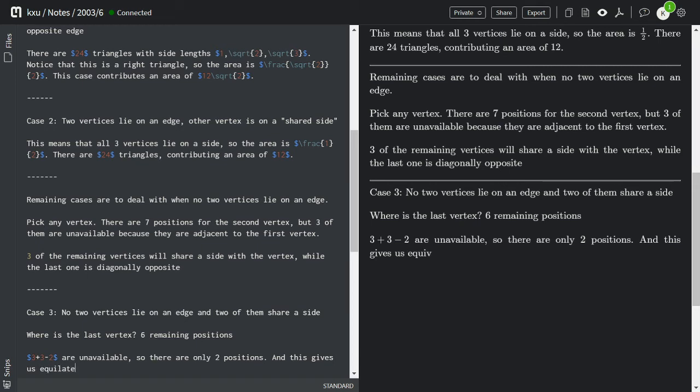Equilateral triangles with side length √2. And how many of these are there? Basically, these triangles are when every single side of this triangle will be a diagonal of one of the faces of the cube.